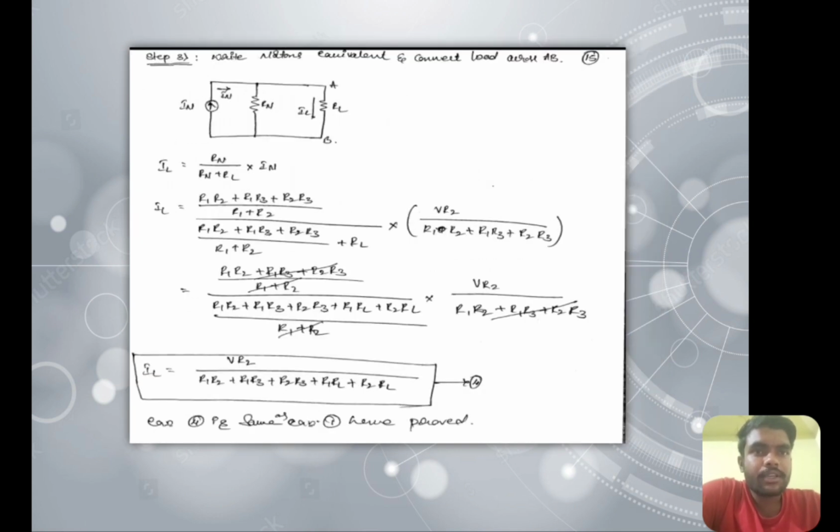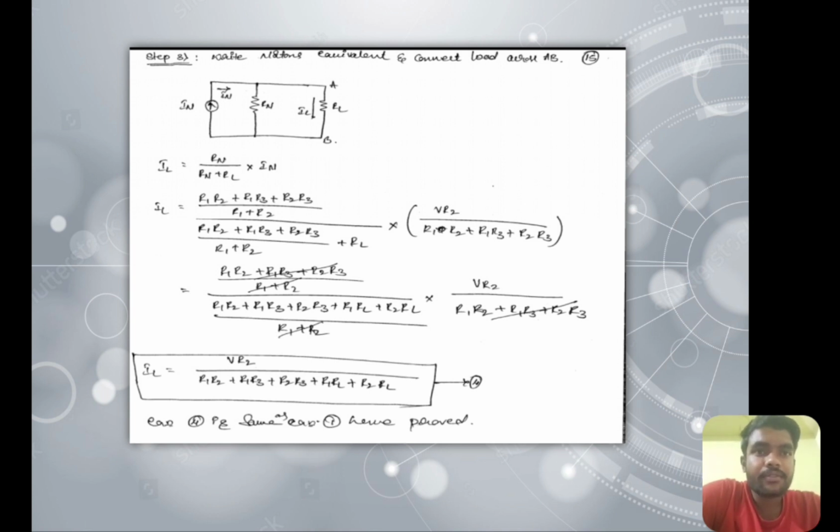In step 3, write the Norton's equivalent and connect the load resistance across AB. In the figure, we can see IN is in parallel with RN, and RL is connected between the terminals A and B. Therefore, IL is equal to RN divided by RN plus RL into IN.